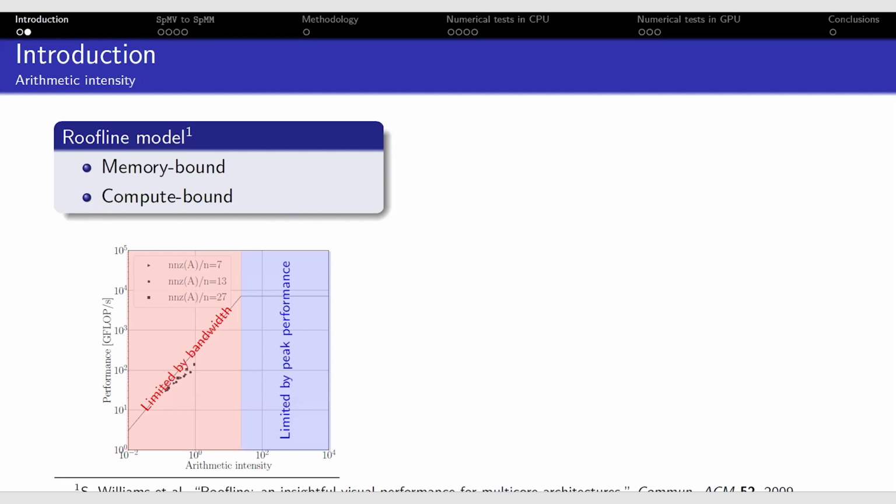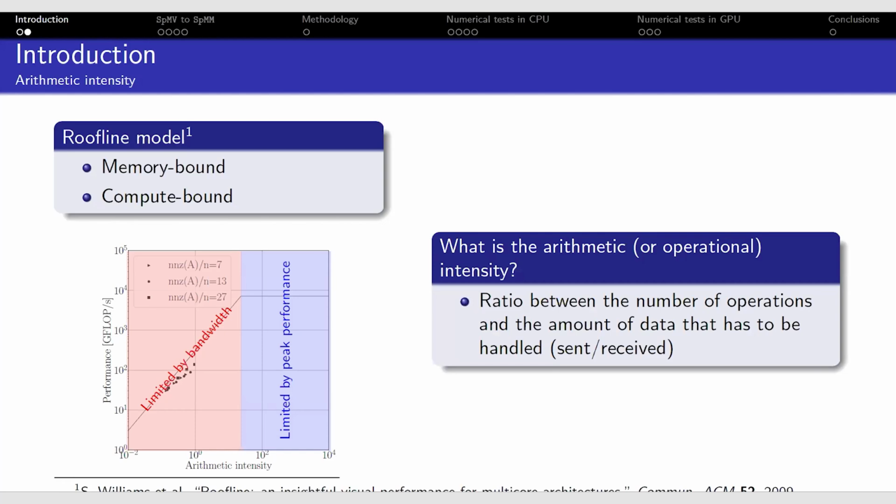Memory bound, the ones in red on the screen, that are limited by memory bandwidth, and compute bound, which is that the codes are limited by the peak performance of the code itself. So, what is arithmetic intensity?